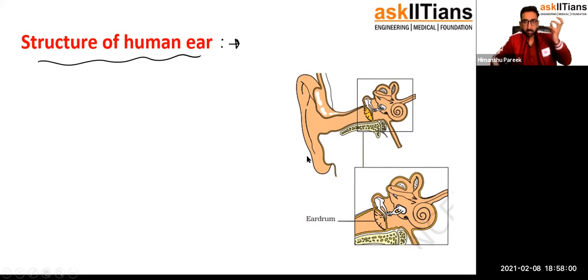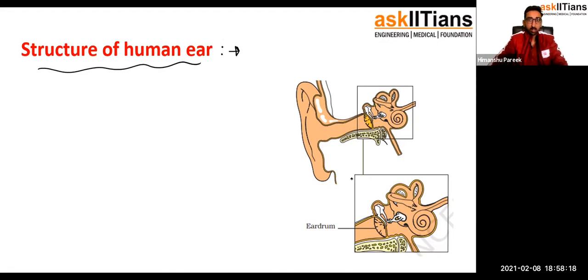There is a very special device called the eardrum. Yes, I'll call it a device only. If you take the analogy, similarly in speakers also, there is something which is receiving the sound. Similarly, in our ears also, there is an eardrum. That eardrum will be receiving the sound signals and it will vibrate.